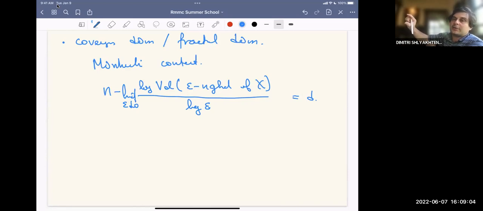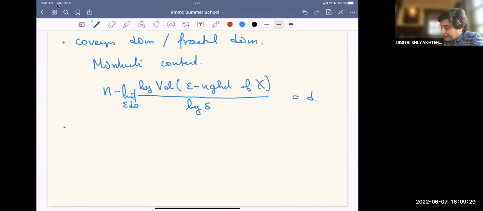So the volume will be something proportionate to epsilon to the power 1. So if you look at log of it and divide by log epsilon, you get 1. And so when you subtract it from the ambient dimension, which is 3, you get the dimension of the space, which is 2. You can see that for nice objects, this works very well, and so certainly for our algebraic surface, this yields the same thing.